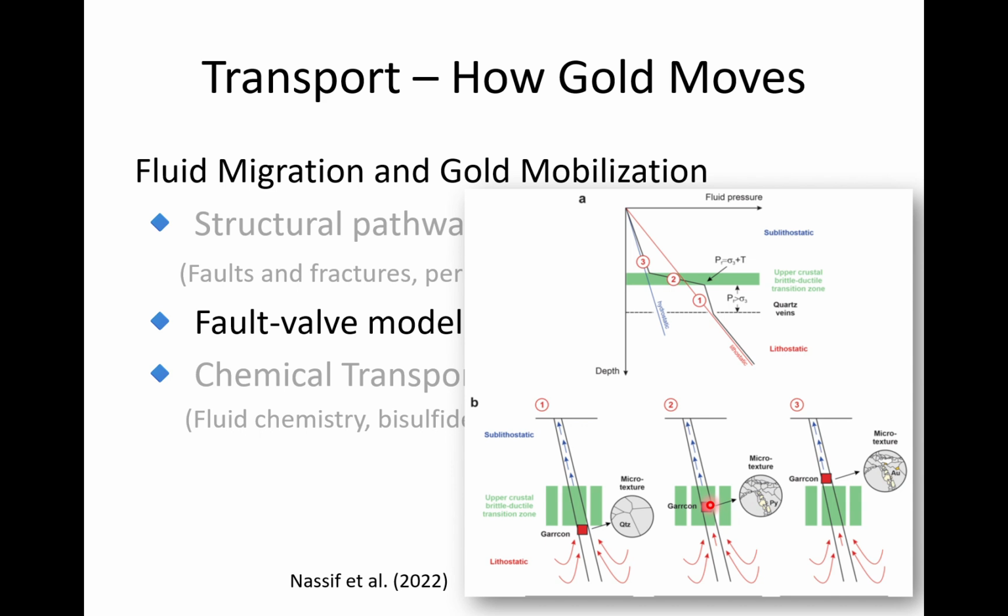In stage 2, we have gold precipitation via sulfidation, quartz recrystallization, and fracture resealing by pressure rebuilding. Sulfides such as pyrite and arsenopyrite form in reopened veins and grain boundaries.